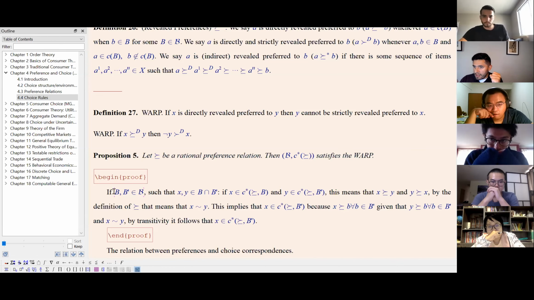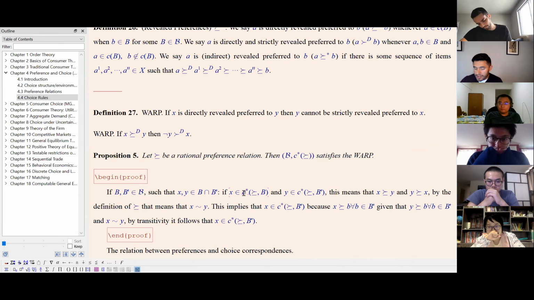So I have to offer him in the two menus the same items, X and Y. So it must be that X and Y are in the intersection of B and B prime. Got it? And then I'm going to show that if this guy is rational, then the data set will satisfy WARP.